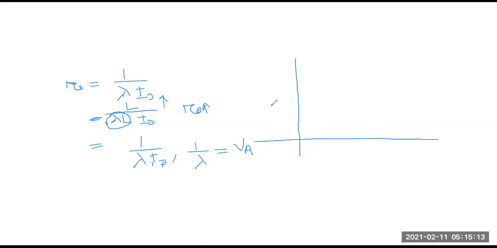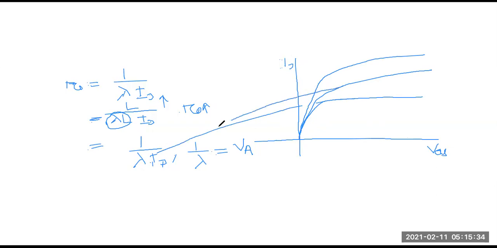It is a BJT concept actually. So this is VDS, this is ID. If you extrapolate these lines in this direction, you can see all the curves will join at one point on this axis.